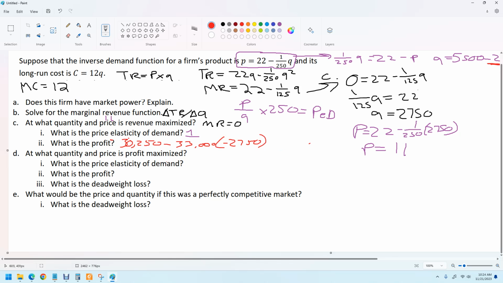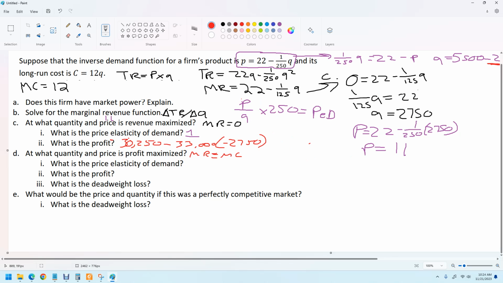Okay, profit maximization. So we want to know where MR equals MC, and we've already done MR, and MR is right here, and then we're going to set that equal to MC.